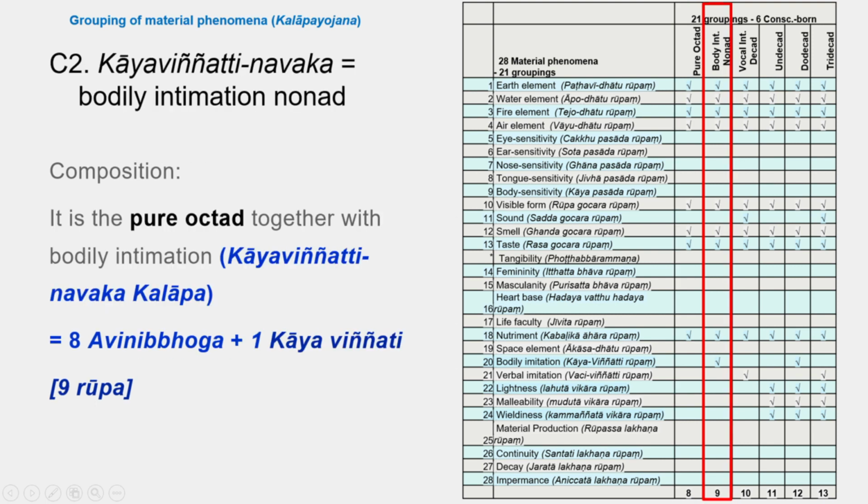Then next one, Kaya Vinnatti Navaka, the body one. So it's a pure octad together with the bodily intimation. I mean the body, remember? The body physical communication. That is called Kaya. So it's called Kaya Vinnatti Navaka Kalapa.